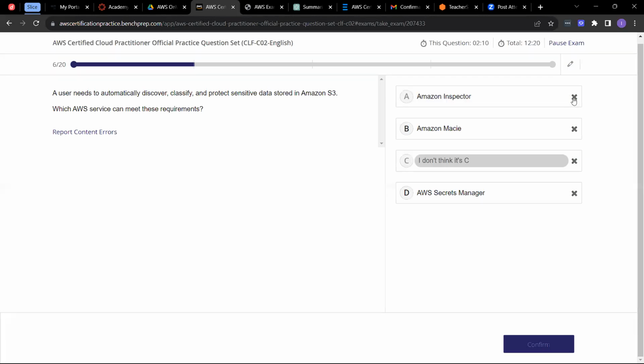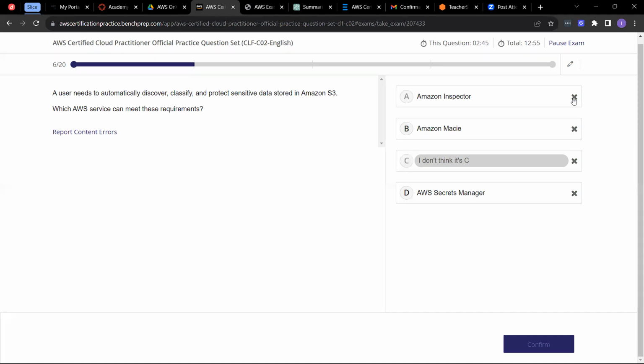Inspector inspects your EC2 instance, or your security group or firewall, I've forgotten, against a template, and searches for vulnerabilities in them, such as if anybody is getting unrestricted access.